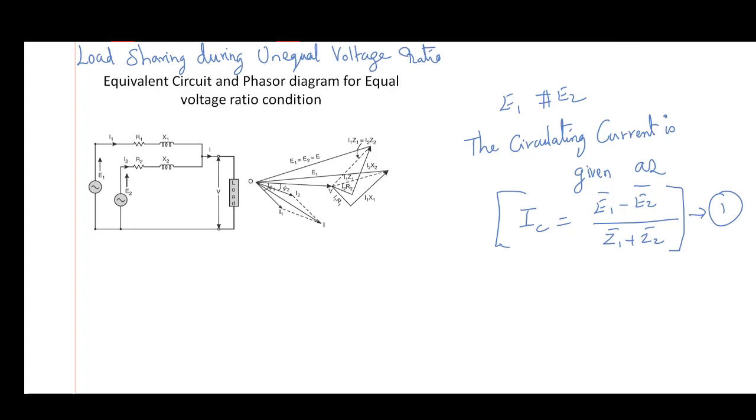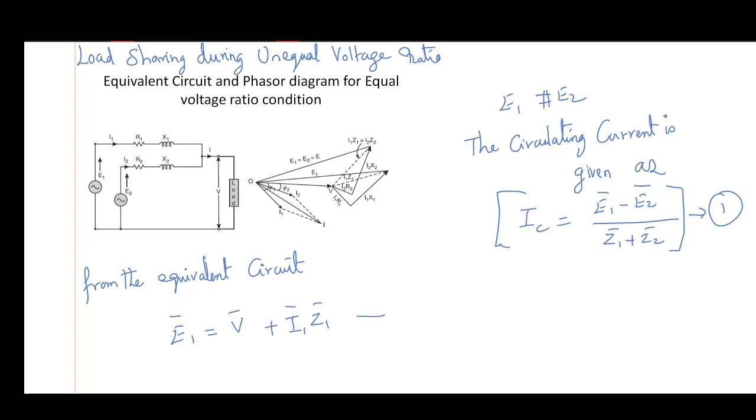Now from this equivalent circuit we can write the equations. E1 vector is equal to the corresponding load voltage V vector plus I1 vector Z1 vector.